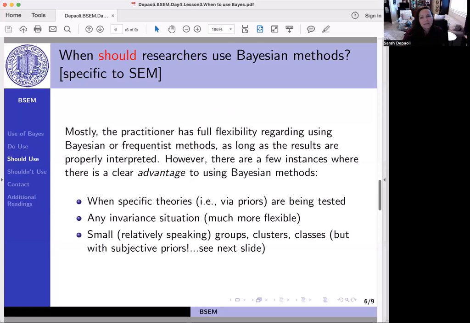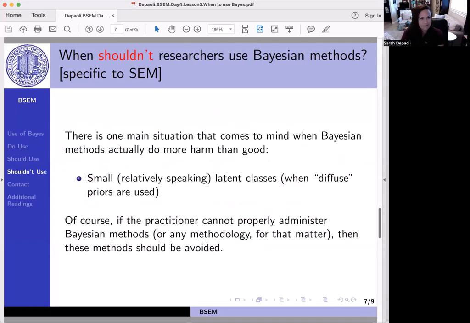So these are the main situations where I think you should use Bayesian methods, because there's a clear advantage over conventional methods. Now we can shift and talk about when you should not use them. I actually thought about this point for a long time before making these slides, and I realized that my bias toward Bayesian methods really comes out here.